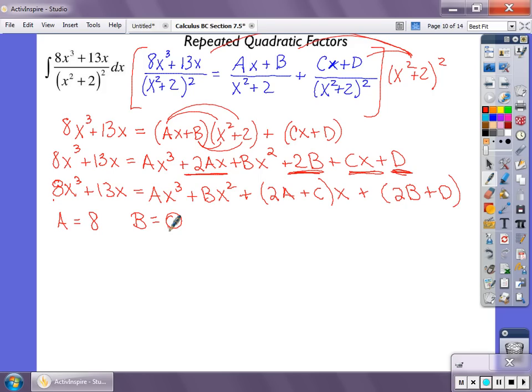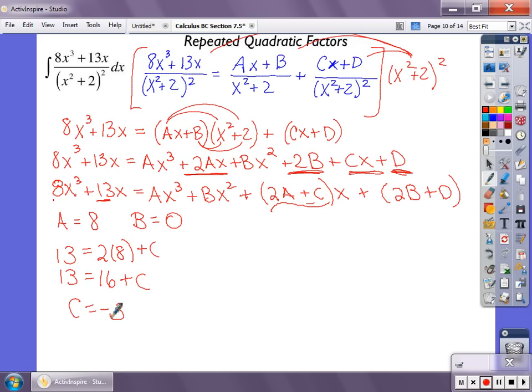Over here we have 2a plus c times x, must be 13x, but I also know that a is 8. And so we can have 13 from here is equal to 2 times 8 plus c. And so 13 is equal to 16 plus c. Therefore, c is negative 3.